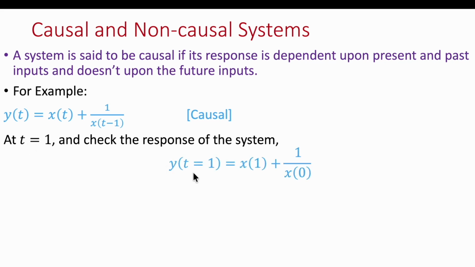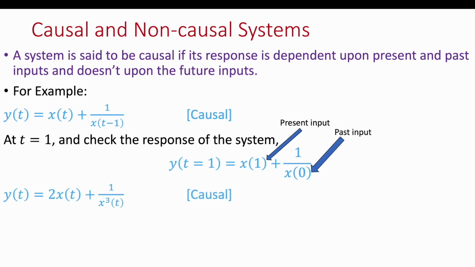The response is x of 1 plus 1 over x of 1 minus 1, which is x of 0. So it shows that the system response depends on the present state and the past state. If the system depends on the present and past states, the system is known as a causal system.